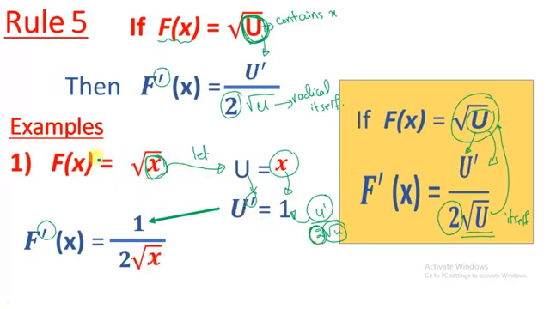So the derivative of the function f of x equals radical x is f prime of x equals 1 over 2 radical x. يعني القاعدة باختصار بنعمل derivative للي جوا الراديكال على 2 multiplied بالراديكال نفسه اللي معنا اياه.